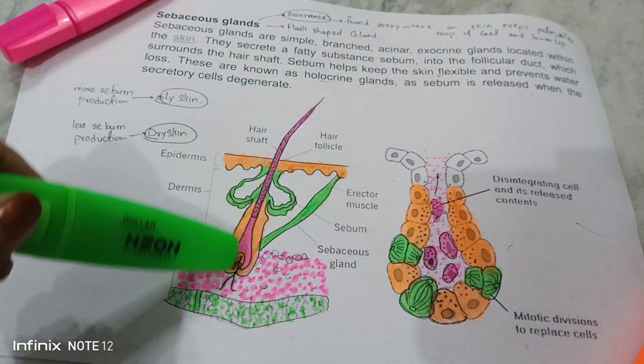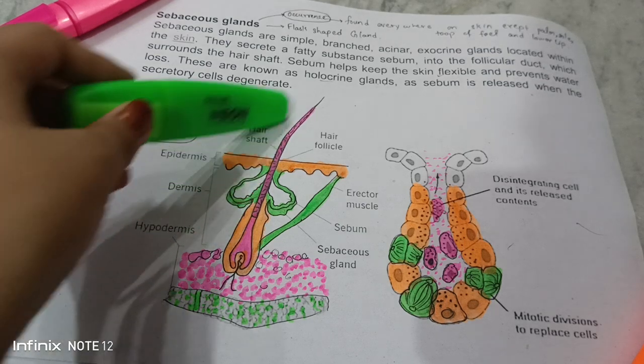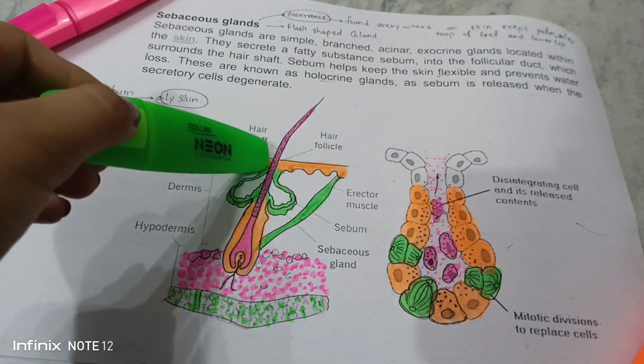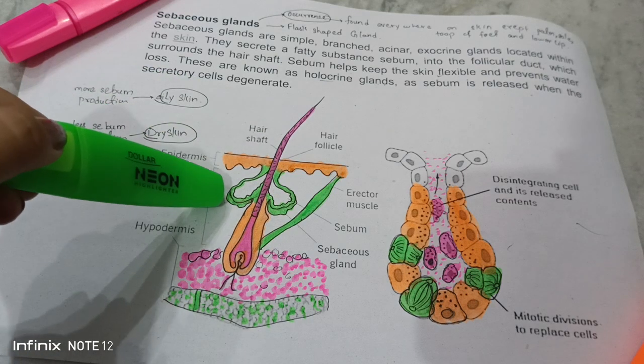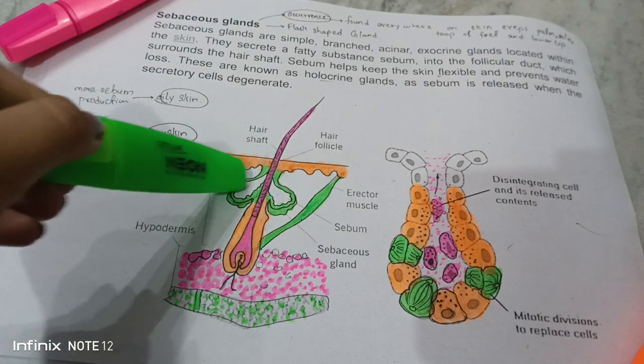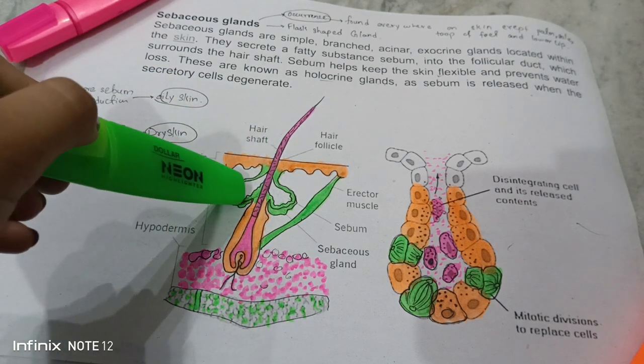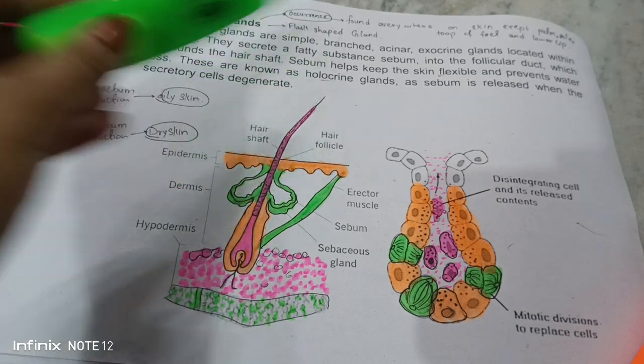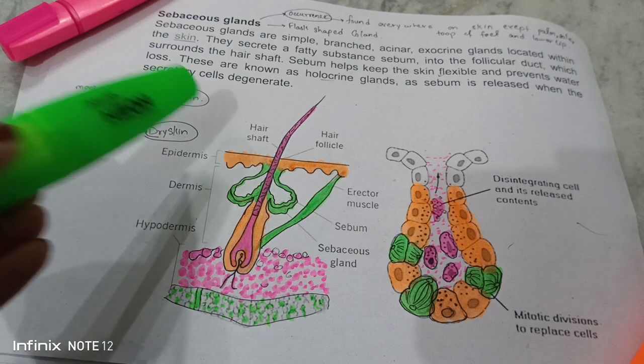This is our hair, which is shown by the pink color, and this is our hair shaft, and this is the hair follicle. So these sebaceous glands release their secretion into a follicular duct which surrounds the hair shaft.